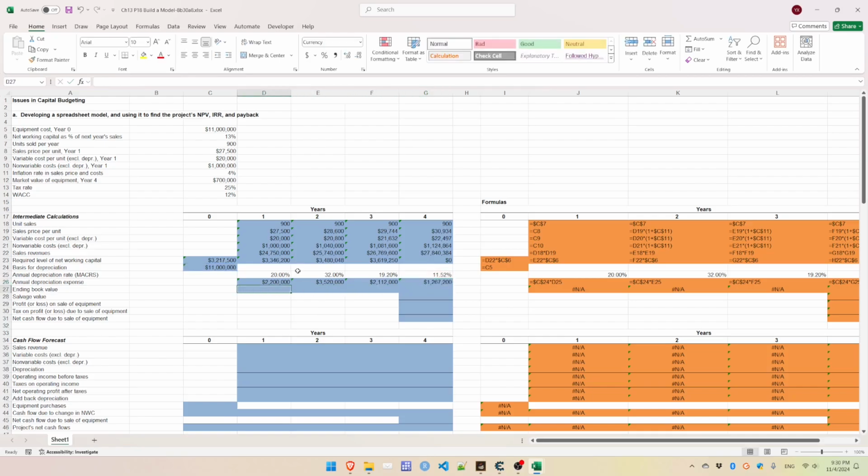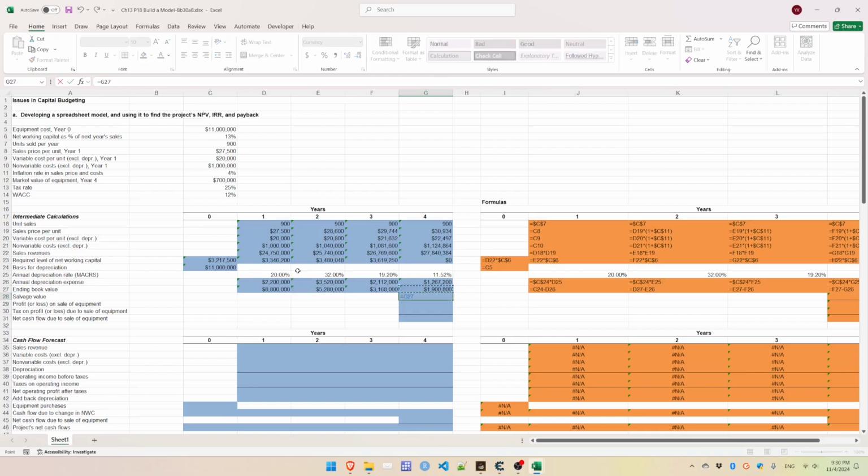And then I can have an ending book value, which is the base for depreciation minus the first year depreciation. We have the first year ending book value. The next year is going to be the first year ending book value minus the second year depreciation, and so forth. We have an ending book value of $1.9 million.